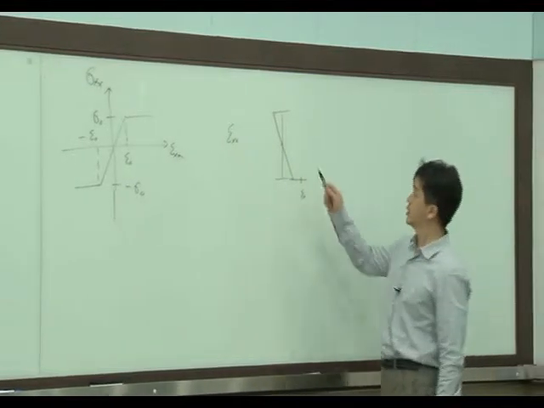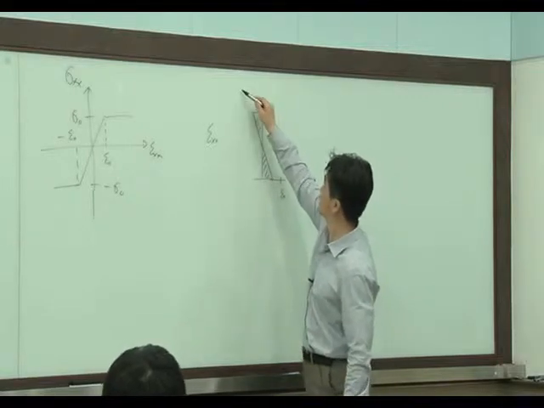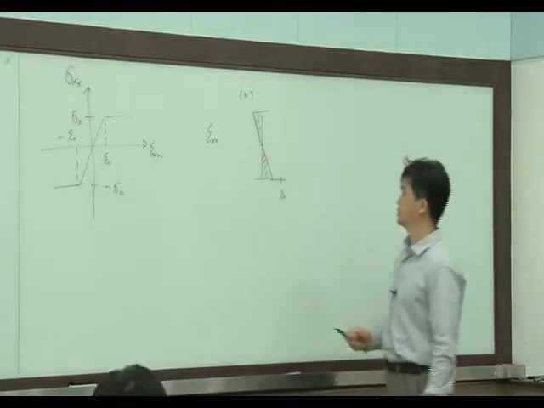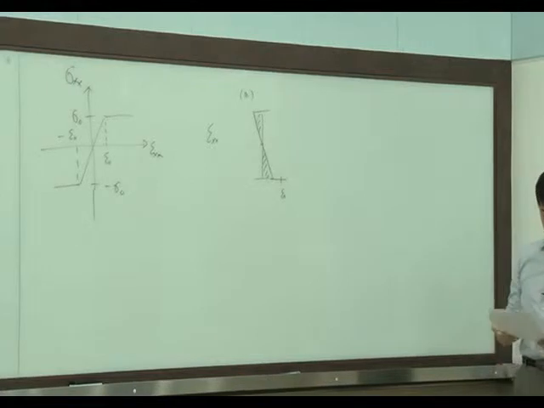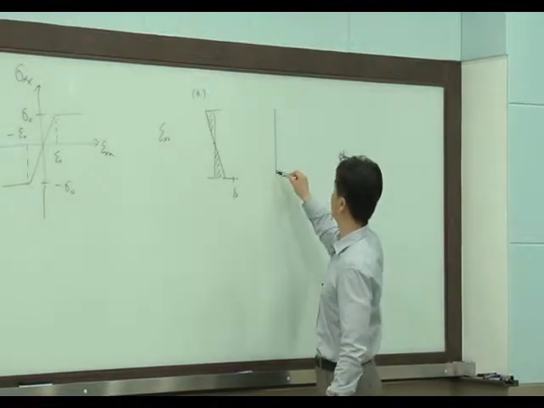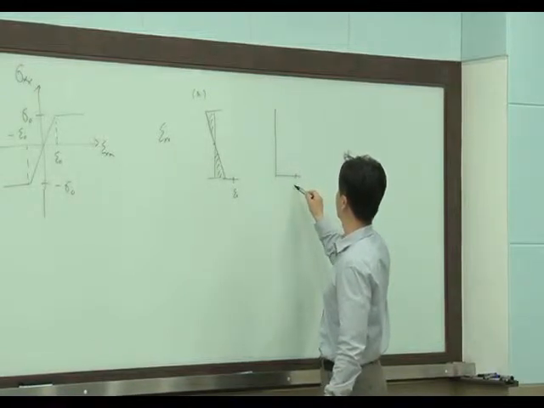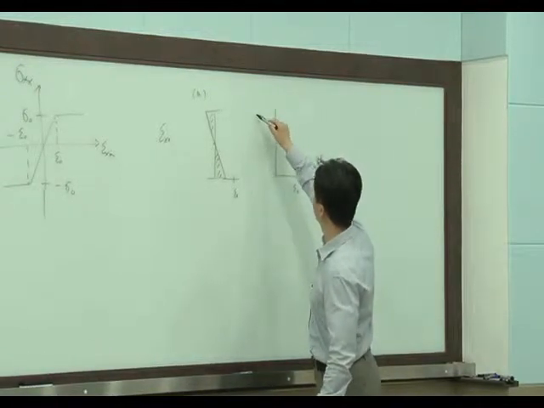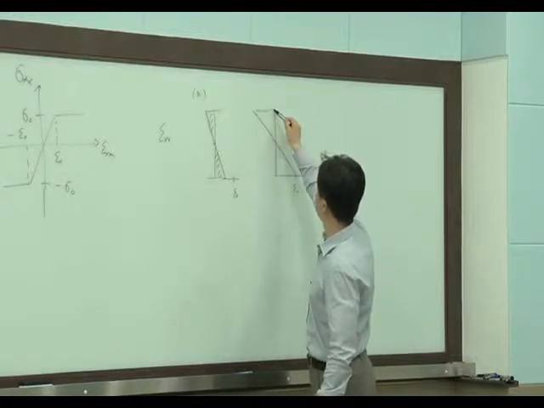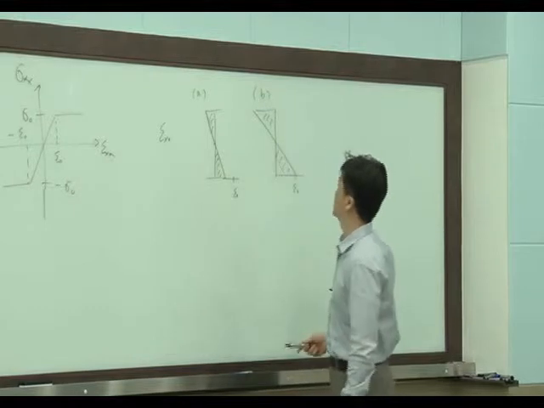And this is the first strain state, A. Okay, let's increase the strain until E0. Then this is the next strain state, B.